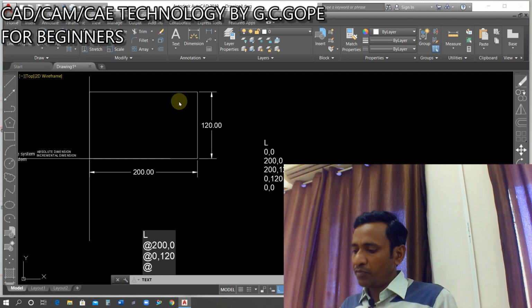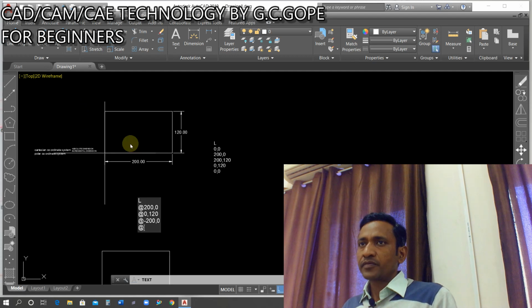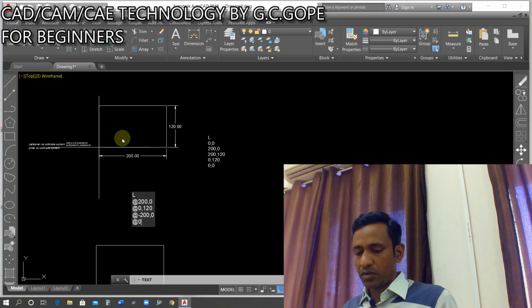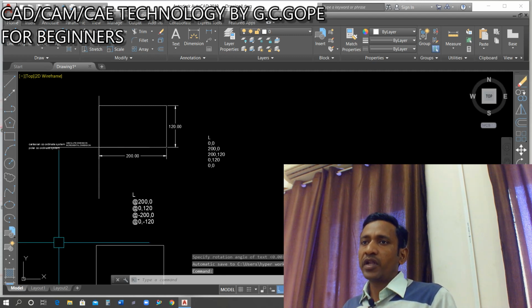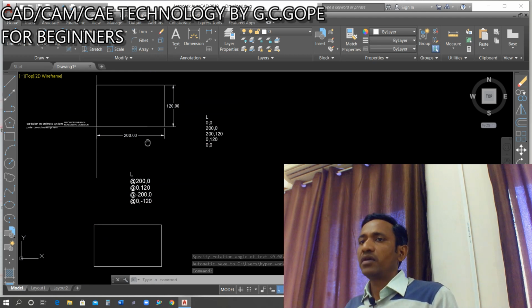Now x will be minus 200 comma y will be 0. So this is the program of the incremental coordinate system. Now for this vertex you have to think about this one. Again shift plus 2, x will be 0 comma y will be minus 120. So this is the coordinate of this rectangle in incremental dimension.